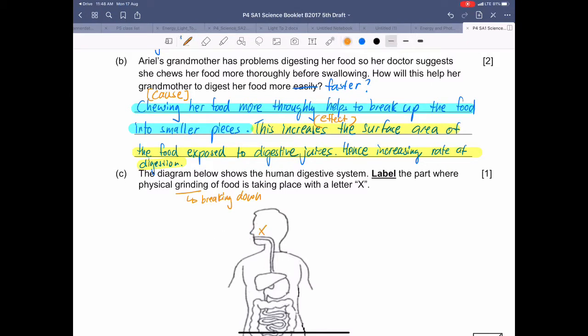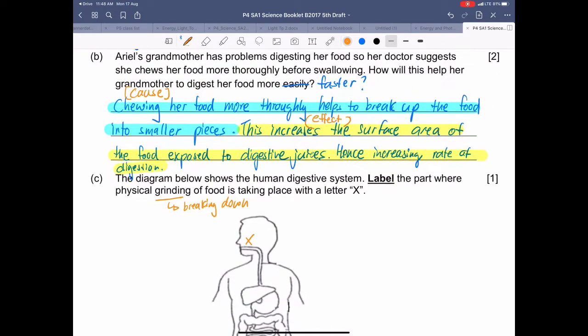So the proper way of doing any labeling is to use a pencil and a ruler. Please, I did say 10 billion times already. Draw a line to where you want to label. Let me just redo this because I want to show you properly. The line has to be straight.